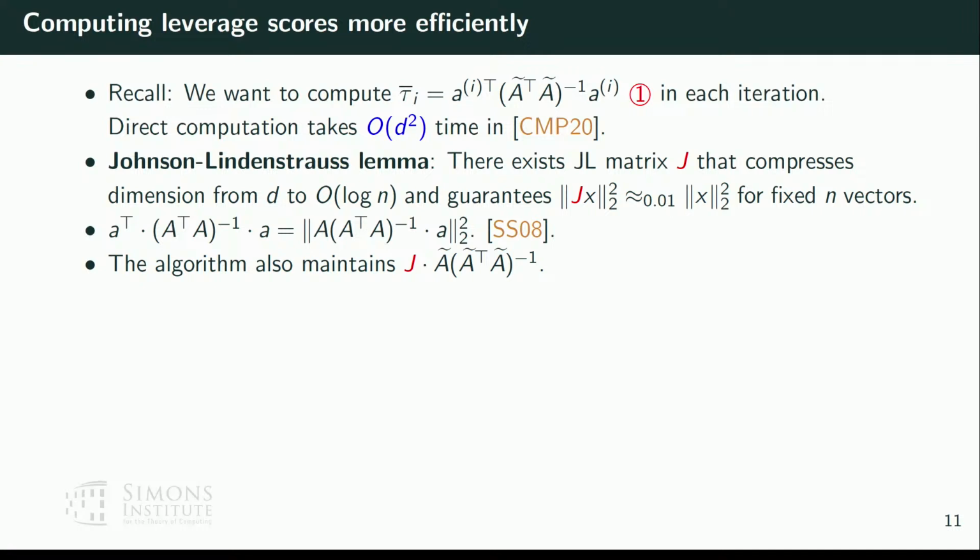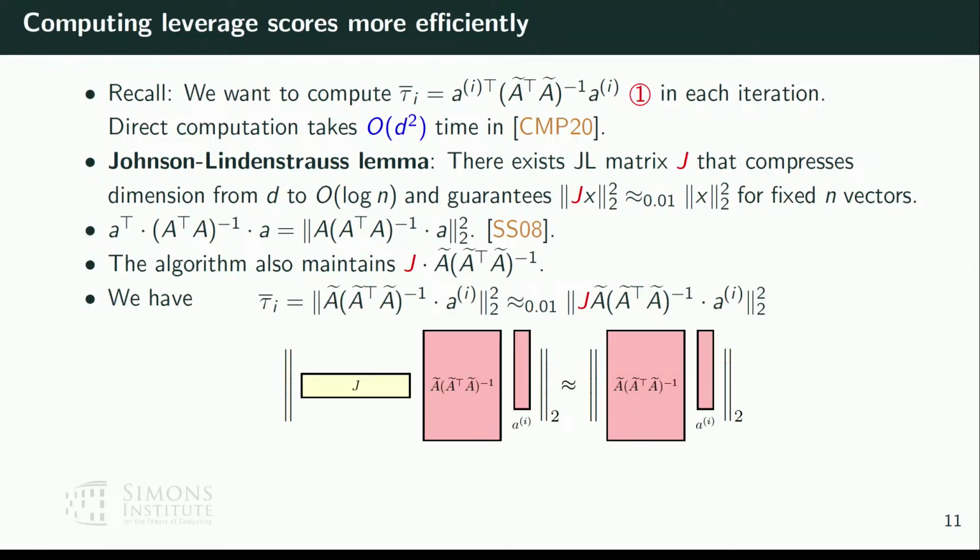So what we do is that we let the algorithm also maintain a JL sketched version of the matrix. So now, instead of computing this product, which is a d by d matrix times a size d vector, we compute something that's much cheaper. We just compute this product. This is the matrix that we already maintain, and it only has size log n times d, and then we multiply that by a size d vector.